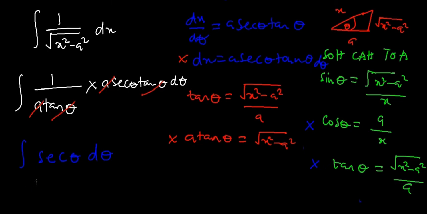But I know the integral of sec θ is equal to ln of sec θ plus tan θ, plus c. But the question was given in terms of x, so our answer must also be in terms of x. So let's look at how you are going to do this.